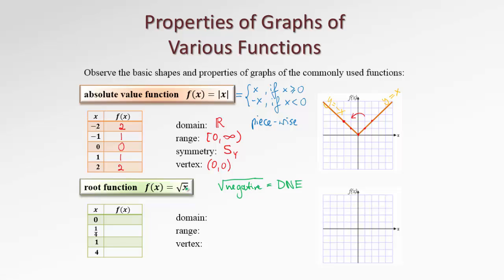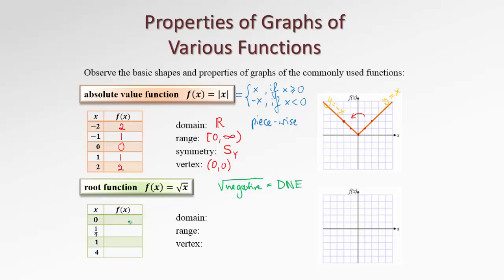Therefore, the smallest value that I could plug in for x is 0, and then any other values that are higher. I chose numbers that are easy to calculate, perfect square numbers. But even if a number is not a perfect square, we evaluate by using a calculator.